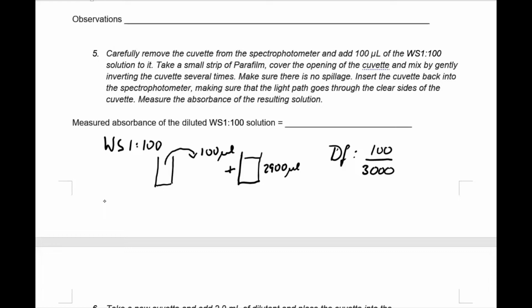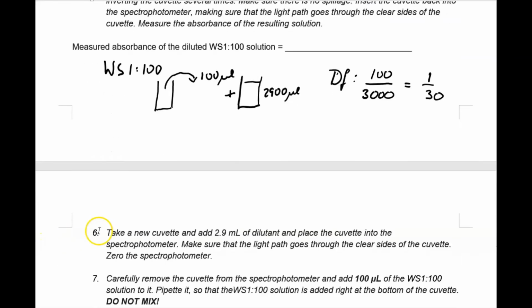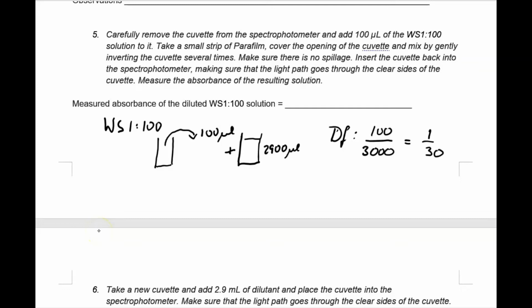That's the 100 microliter plus the 2900 microliter. So this would be a dilution of 1 in 30. Now, when we measured the absorbance of this dilution in the cuvette, we probably got a value of around 0.22 or something like that.